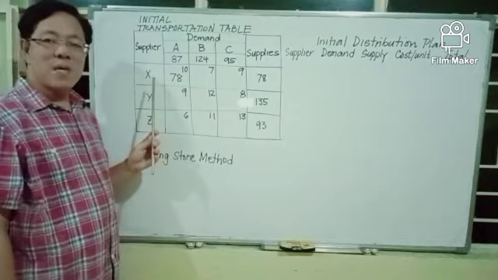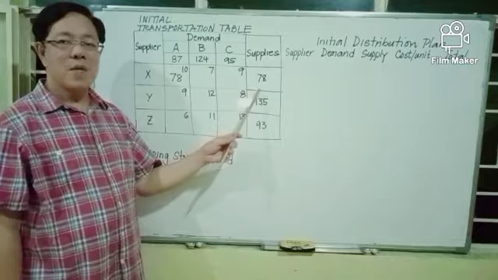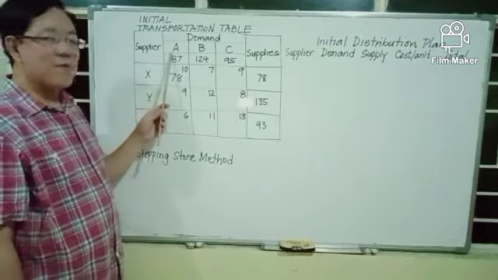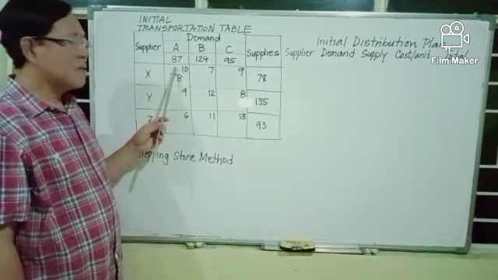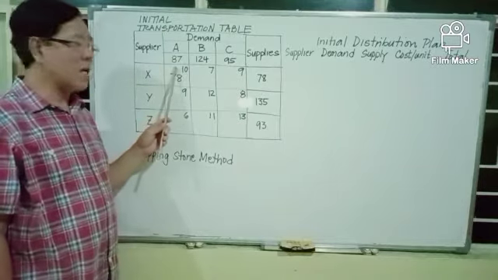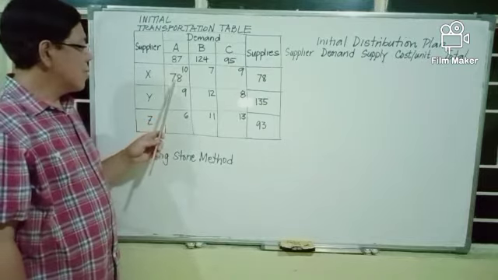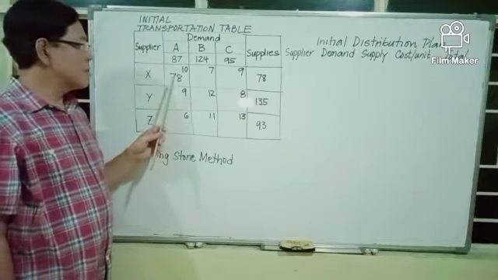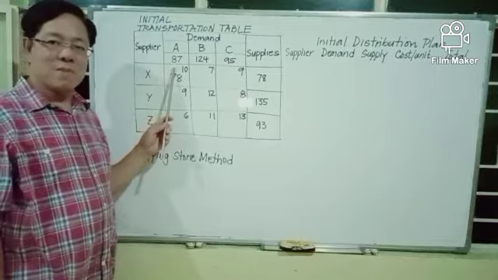But customer A needs 87 units, and if it receives only 78 units, the demand of A is not fully satisfied.